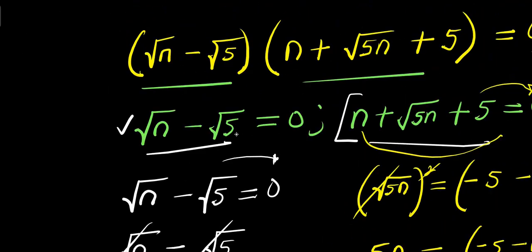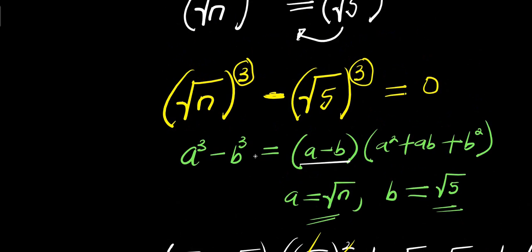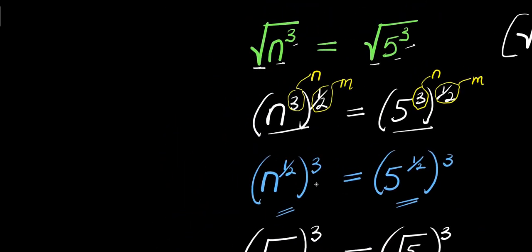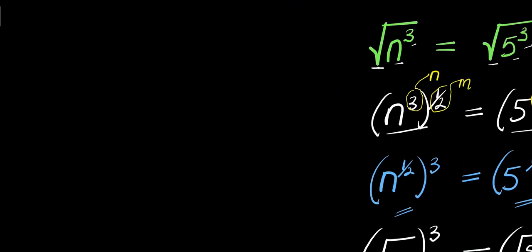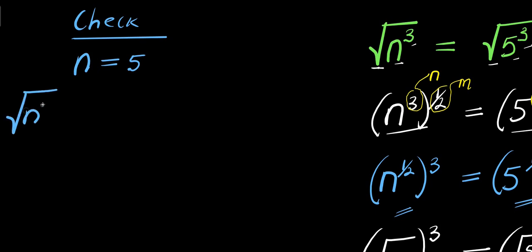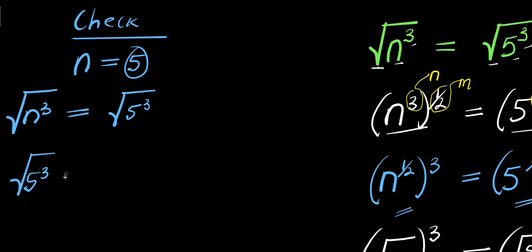So we can easily check if that value of n satisfies this equation. This is quite simple because you have your check. Our n equals 5. This is square root of n power 3 equals square root of 5 power 3. So if you insert 5 here, you have square root of 5 power 3 equals square root of 5 power 3.